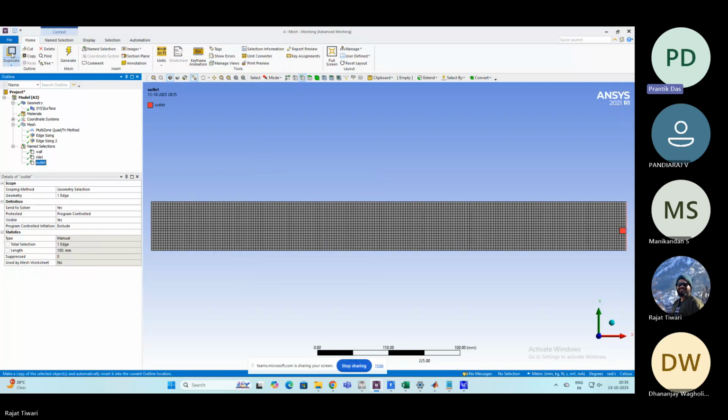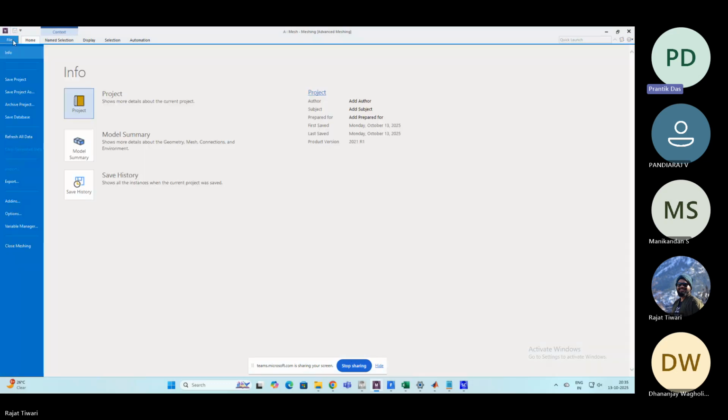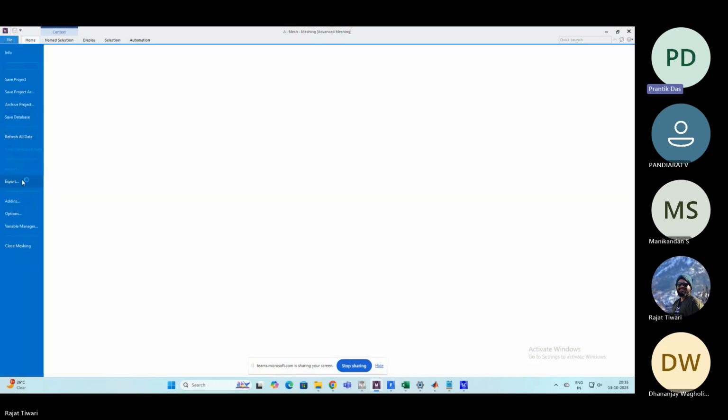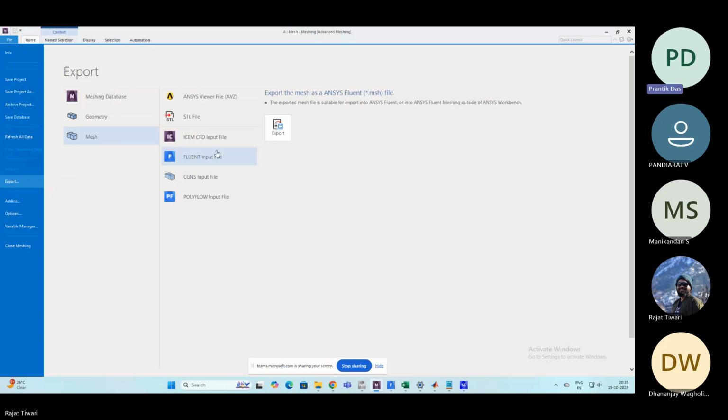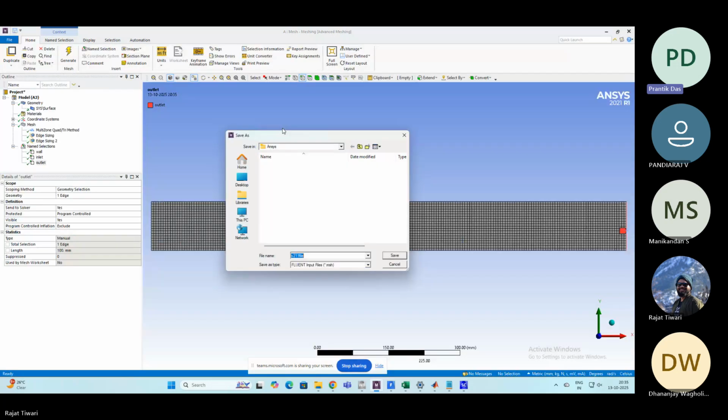So then what you have to do is basically go to export, then mesh, then Fluent, and then export. So if I create a file like this on the desktop, which is called pipe, now you can create a mesh file like this, pipe dot msh.